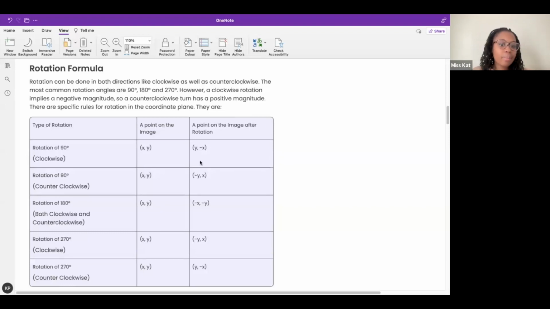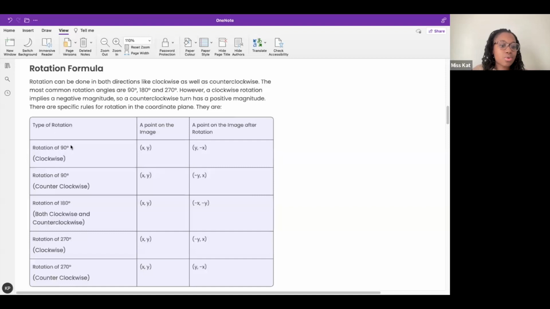But we can use the rules that are in front of us right now. The first column tells you what type of rotation we're doing. It tells you the original coordinates that we had, and then it will tell you what the new coordinates look like. Are we with me?